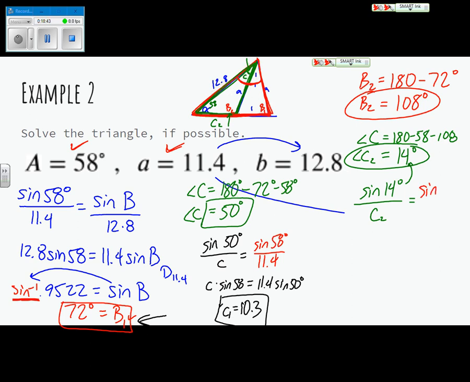So I got sine of 58 degrees, and I get my C2 times sine of 58 degrees equals 11.4 sine of 14 degrees.